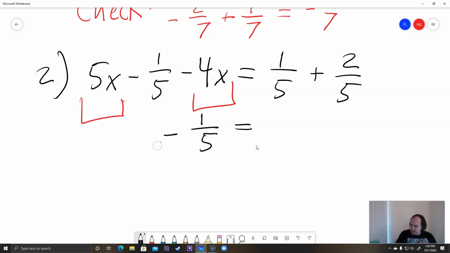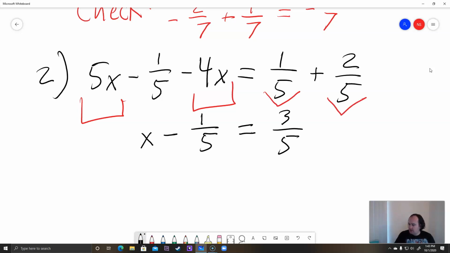And then on the right side, 1/5 plus 2/5, because they have the same denominator, we keep the denominator and add the numerators. So 1 plus 2 is 3/5. The like terms on the right side were 1/5 and 2/5.